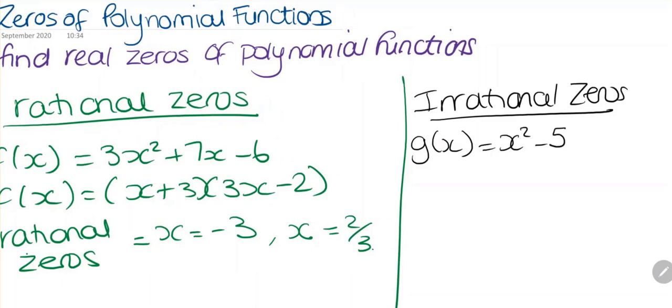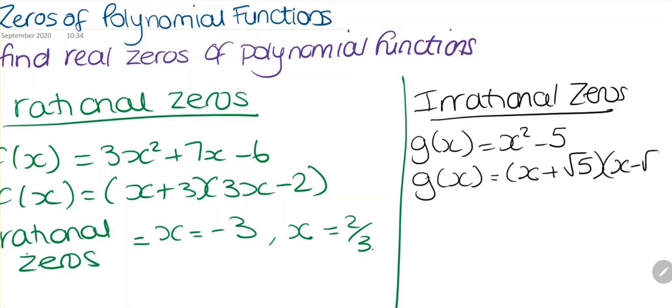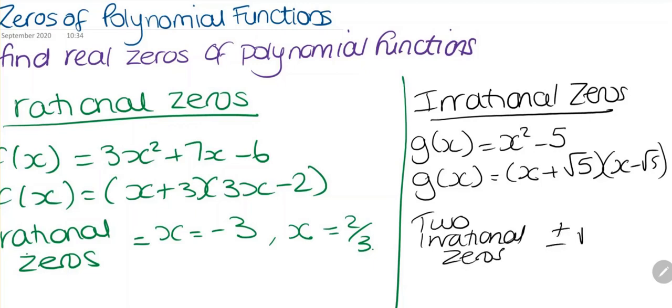So if we were to factor, we would have x plus root 5 and x minus root 5. So these are the two, so there's two irrational zeros, and these are at plus and minus root 5.